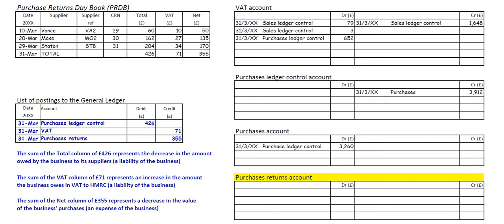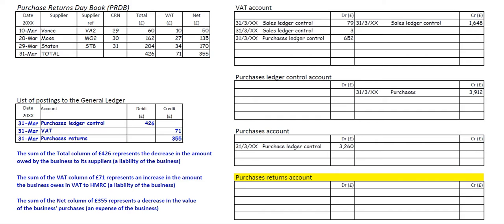Instead, we will be recording information into the purchase returns account. These accounts already have some postings in from when we were posting the sales daybook, the sales returns daybook, and the discounts allowed daybook.